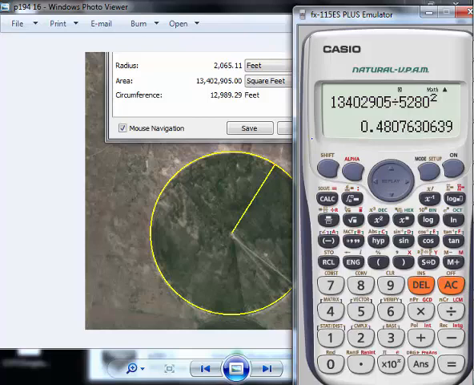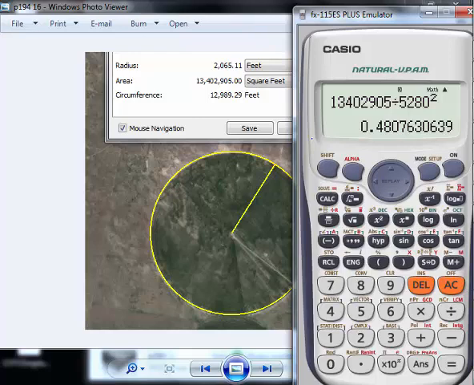How many acres does it contain? So an acre, what did I see that? Was that last lesson?